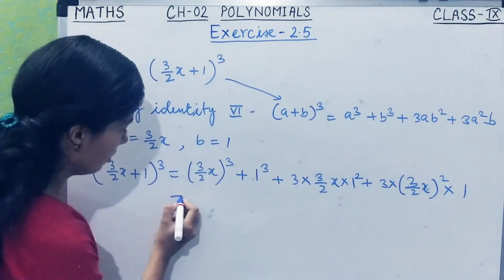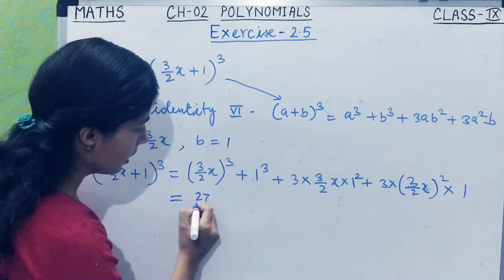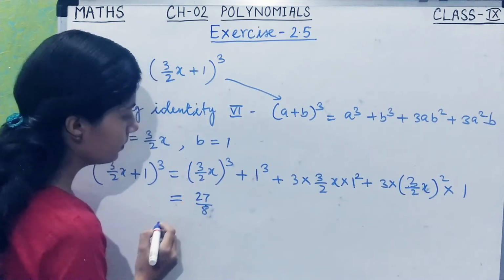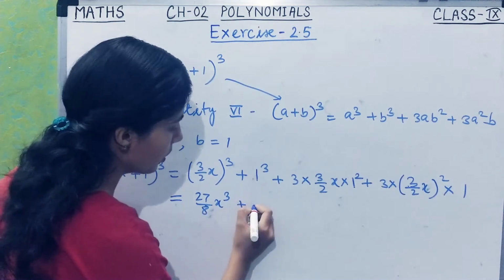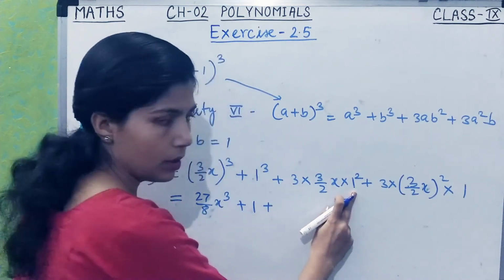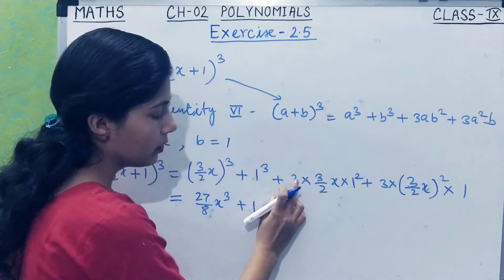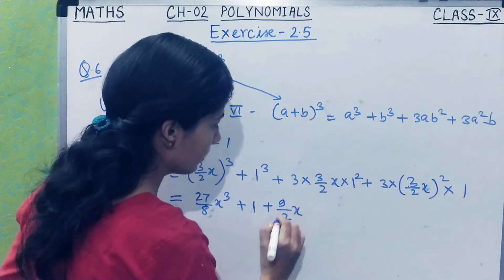Now on solving, cube of 3 is 27 and cube of 2 is 8, and x cube, plus cube of 1 is 1. Plus square of 1, and 3 3s are 9 upon this 2x.